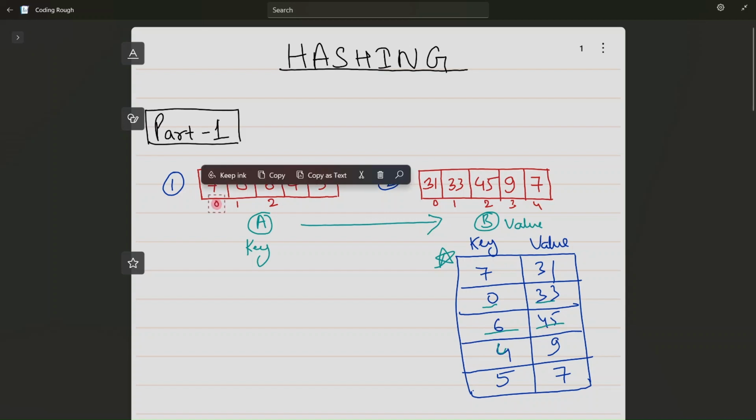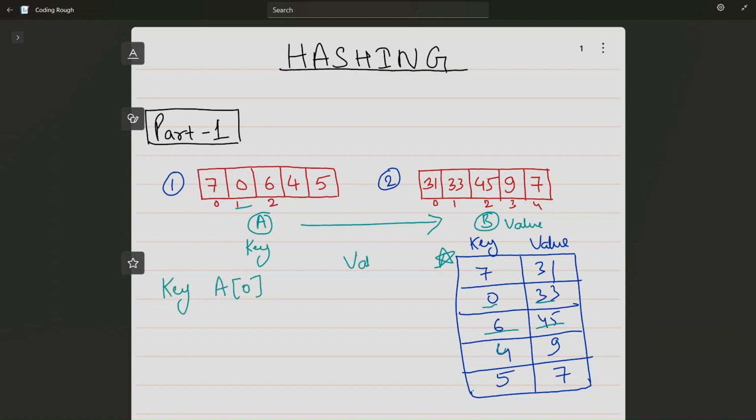At index 0, whatever value is present in array A, the value of that key will be the data present at index 0 in array B. So key will be equal to A0 and value is equal to B0. This is the relation.